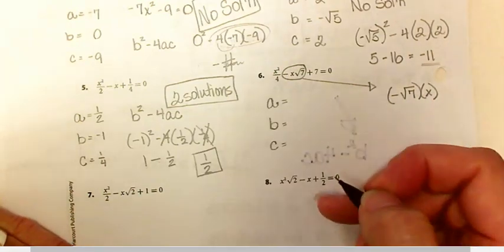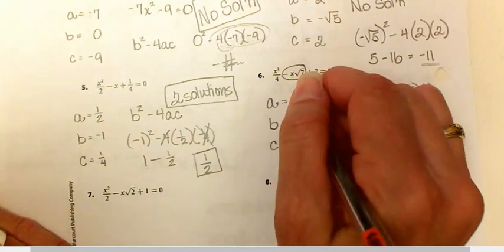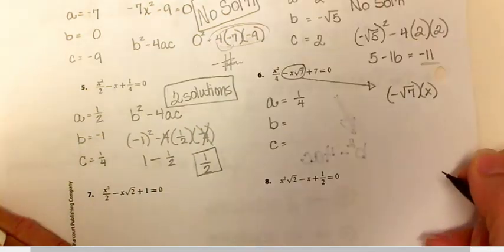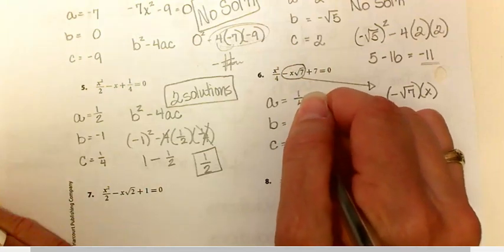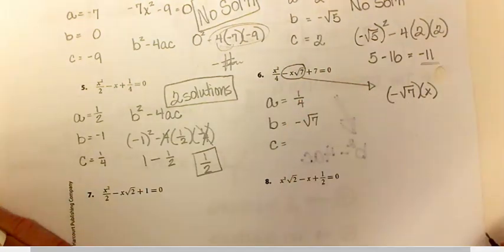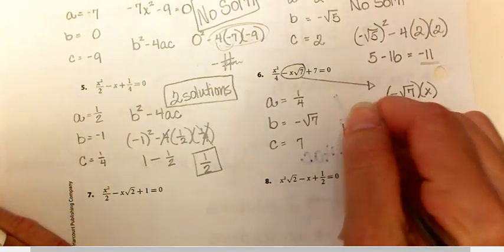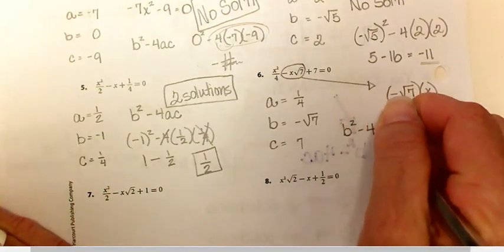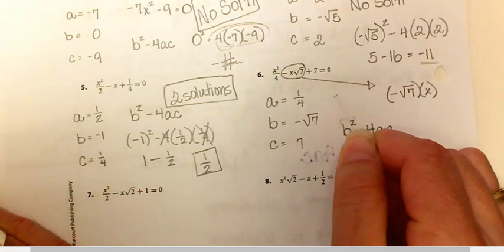Over here, that's x squared over 4, meaning the number in front of x squared is 1/4. B is the negative square root of 7. C is positive 7.